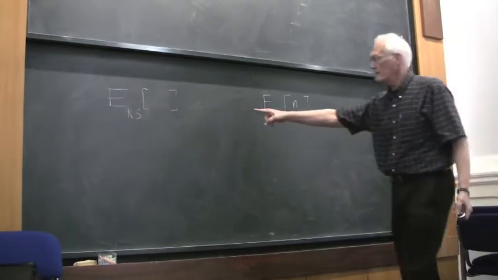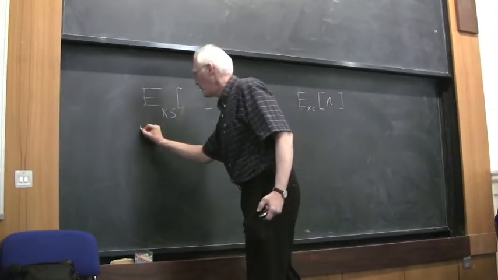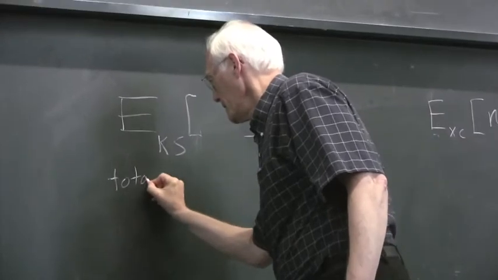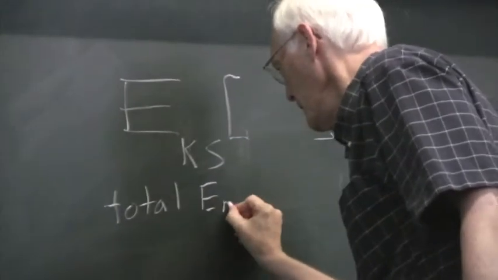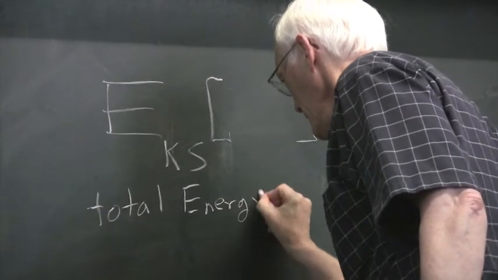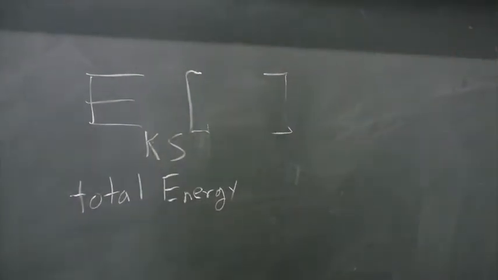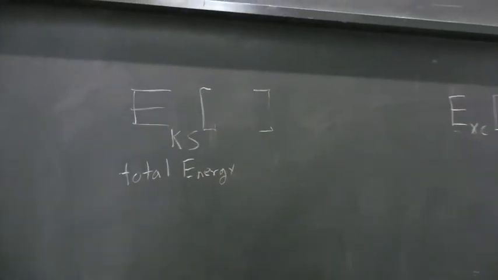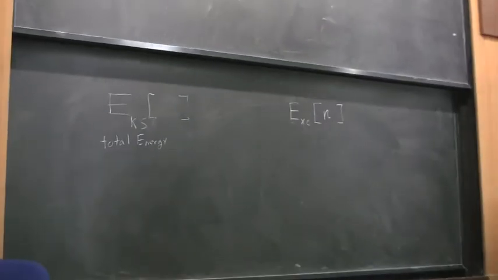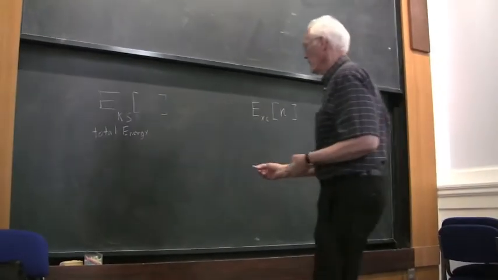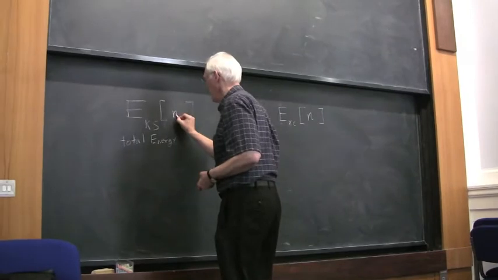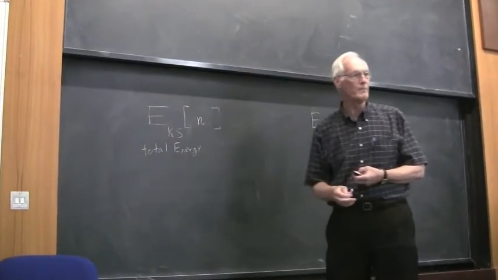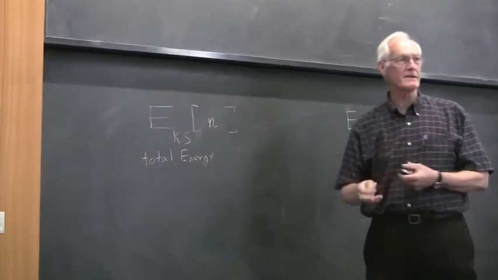There are other functionals that get to the total energy, and it's worth mentioning that to keep it straight. So in principle, it's a function of the density, right? That was the whole theory. But in practice, what's it a function of?